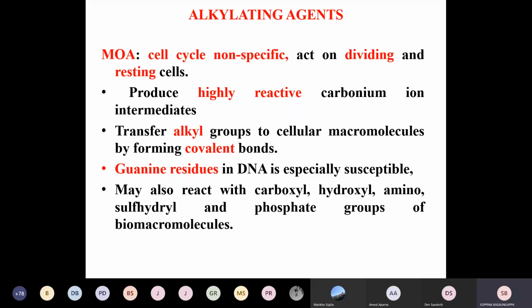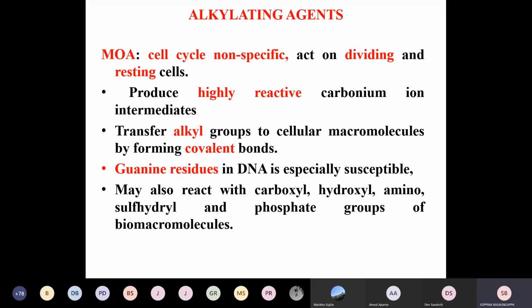These drugs produce highly reactive carbonium ion intermediates, which transfer alkyl groups to cellular macromolecules, various proteins of the cells. That's why they are called alkylating agents. And they form a covalent bond, very adherent to that.